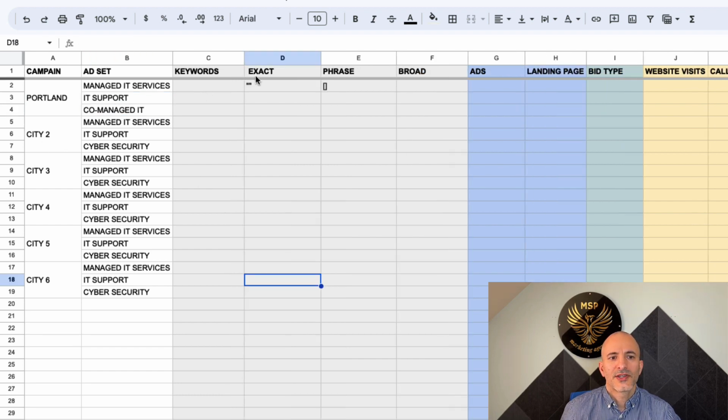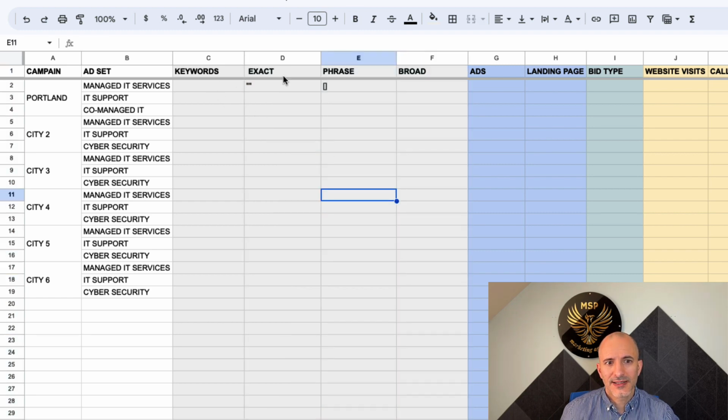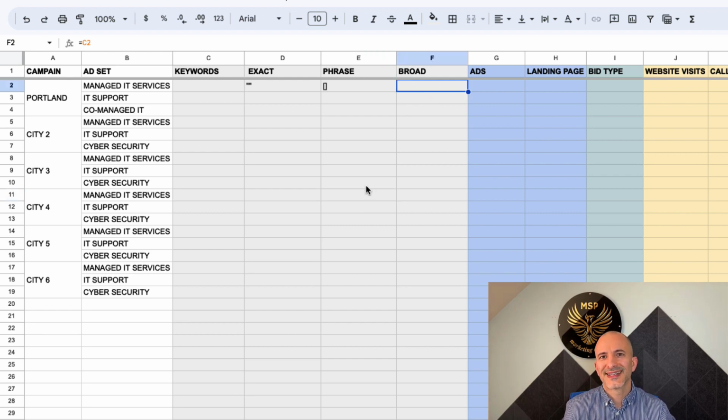There are 3 types of targeting for your ads. One is exact, one is phrase, and one is broad. Exact means that only when people type exactly this search term, the ad is going to show up. Phrase means whenever people type something that includes that keyword, the ad will show. And broad is if someone types something that contains one of the words in that search term, then the ad will show.